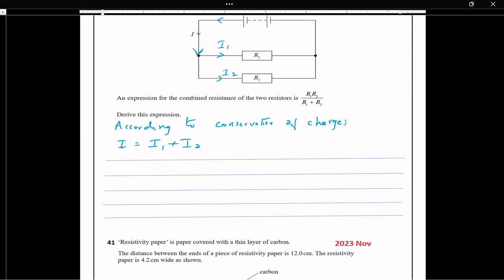Okay, it branches into two parts. So I is the circuit current. Circuit current is the total voltage V over the total resistance, which is equal to the individual voltage V1 over R1 plus the individual voltage V2 over R2. Let us assume this voltage drop is V1 and this voltage drop is V2.